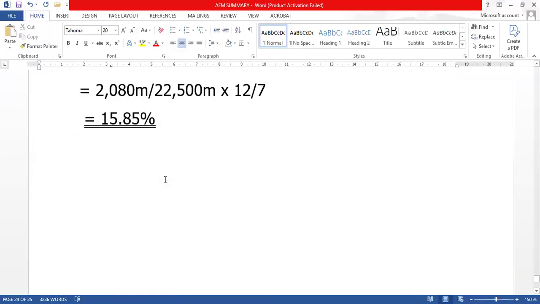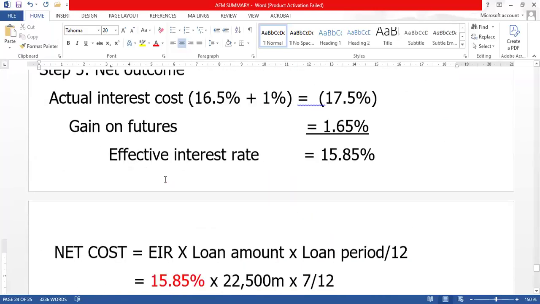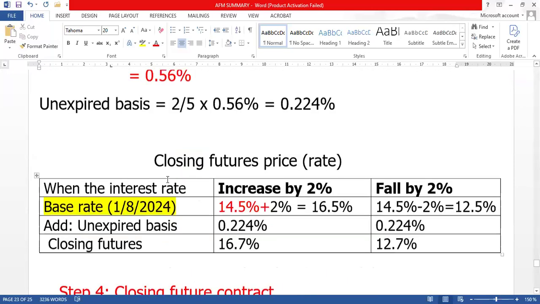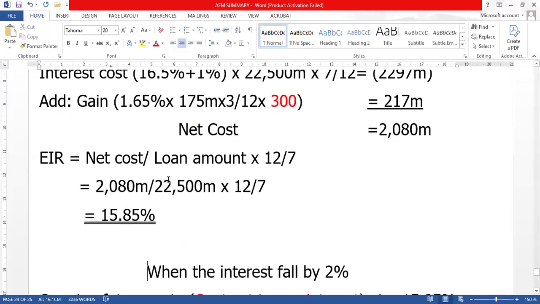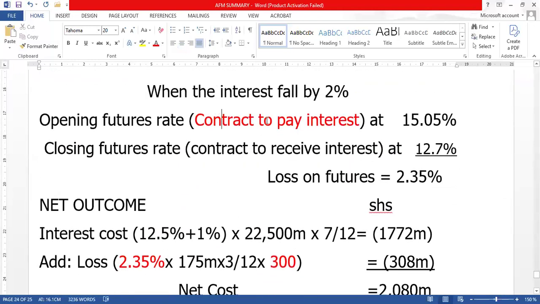So you guys, we are done with the interest rate futures. The difference is that if you're dealing with the investor, then the difference will be just here. With an investor, you start with an interest to receive.